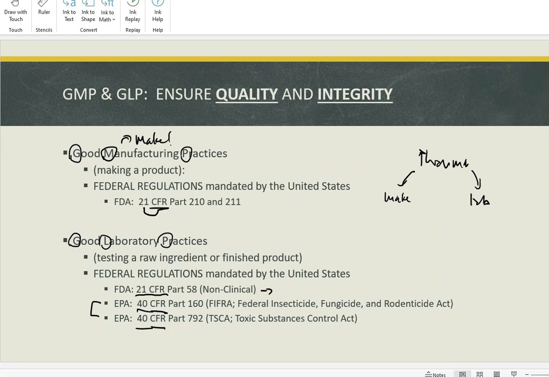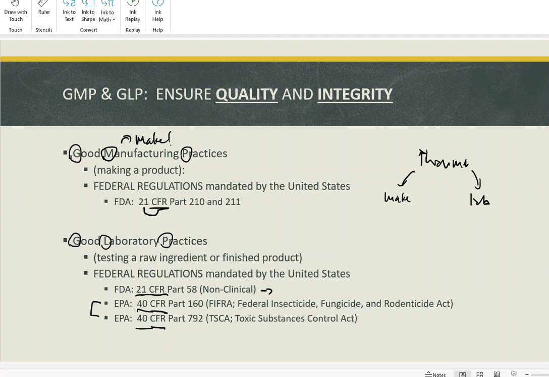We need to make sure that we're not going to poison ourselves. We need to make sure that those concentrations are not terribly high. So an environmental company could go out and take those soil samples or plant samples or whatever the case is, bring them into the lab, test them, and report on what they find.